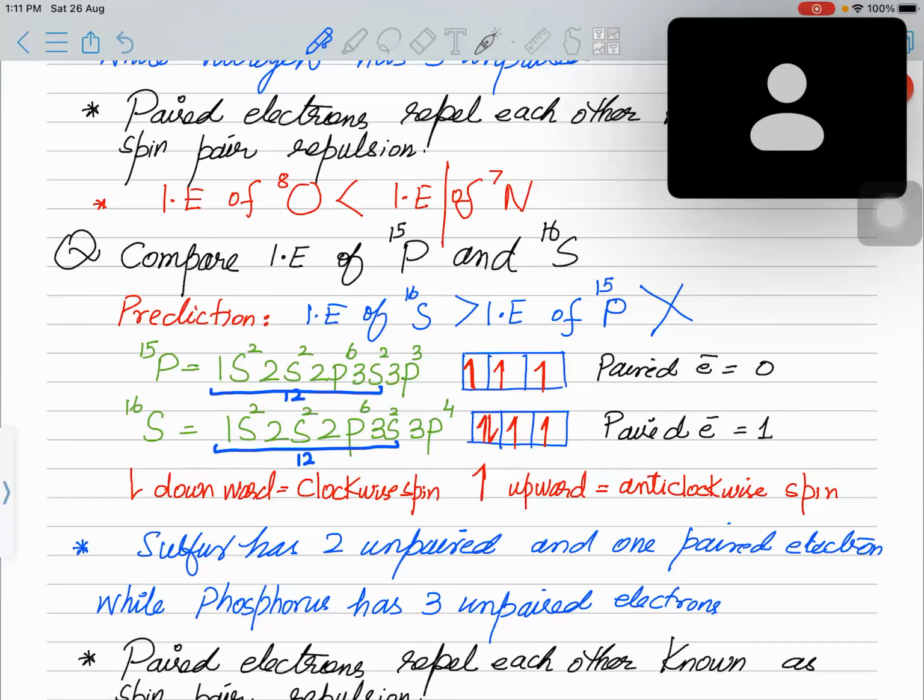So the factor is spin pair repulsion because sulfur has a paired electron. Paired electrons repel each other, so less energy is required.